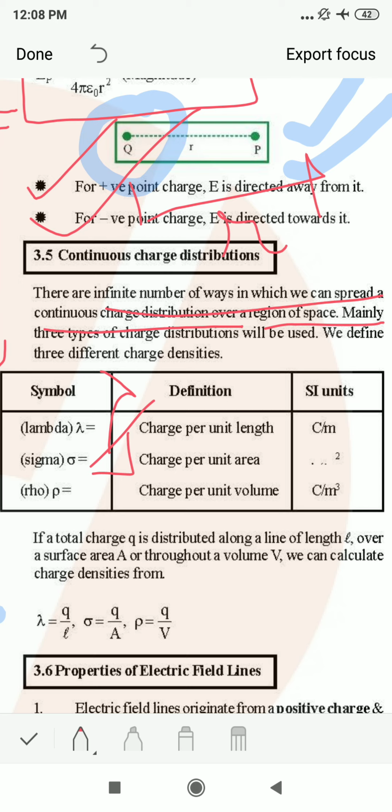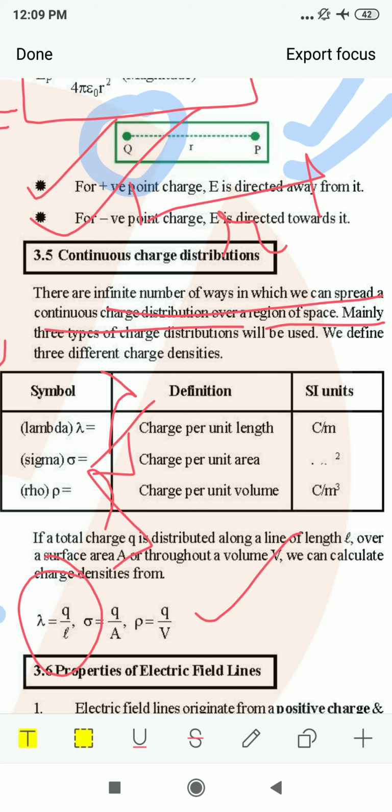And for per unit volume, the symbol is rho. So a total charge q is distributed along a line of length L, over a surface area A, and over a volume V. So we can calculate the charge density. Lambda is the charge density, so lambda will be equal to q upon L. And sigma is the charge per unit area, so sigma will be equal to q upon A, and rho will be equal to q upon V. These are all the charge densities.